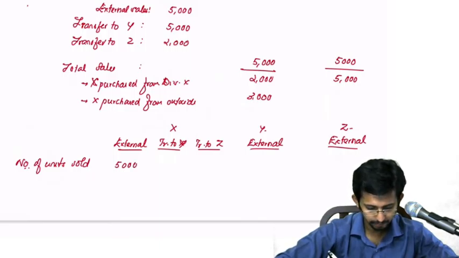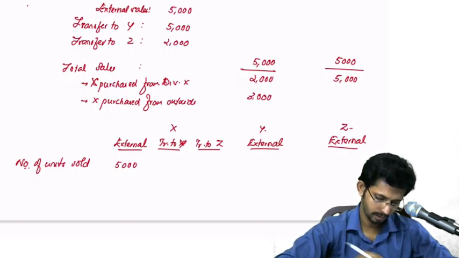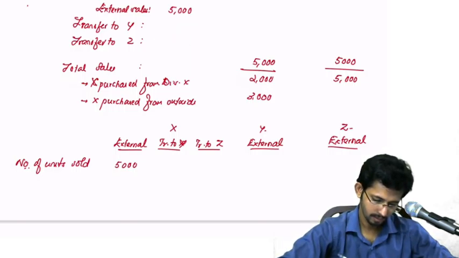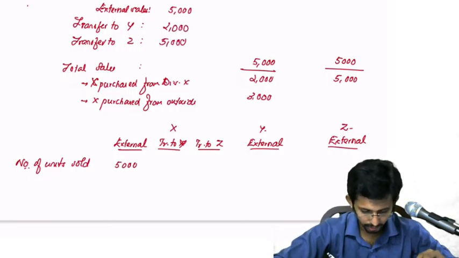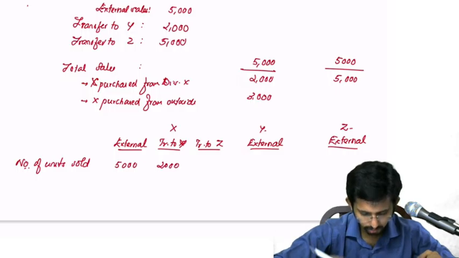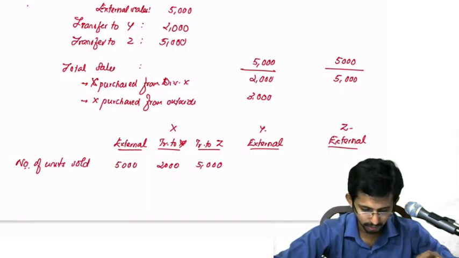Then here to Y it is, no, here some mistake, just got reversed. In Y 2,000 and Z it is 5,000. So here it is 2,000 and here it is 5,000. External Y, how much? 5,000.